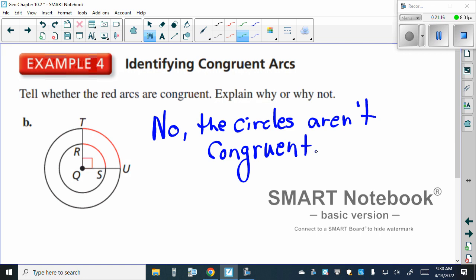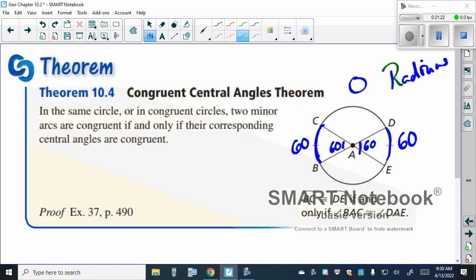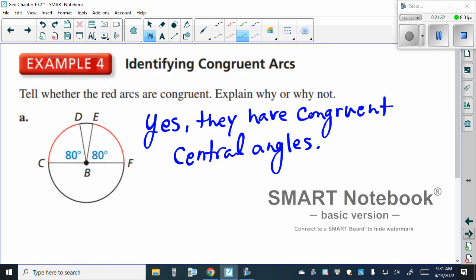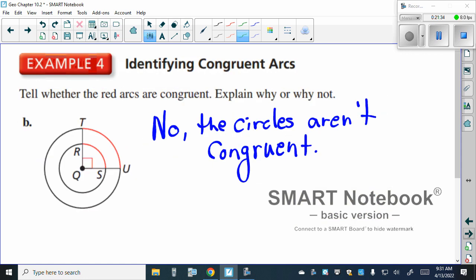Because again, when we say congruent, it means they are the same, the exact same. In the same circle or in congruent circles, two minor arcs are congruent if and only if their corresponding central angles are congruent. So here, TU and SR are actually 90 degrees, but they're not congruent. Their actual lengths are not the same.